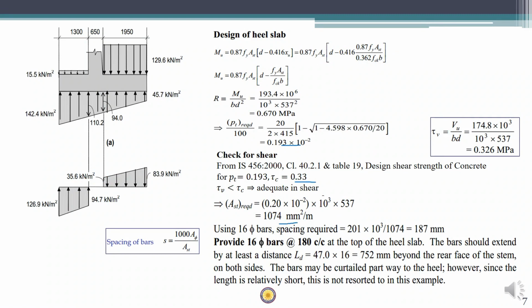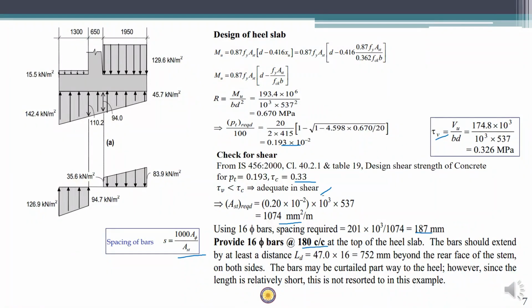So compare the tau c value with the tau v value. Here also it is seen that the reinforcement provided is adequate in shear. Once we have the AST, you can find the spacing of bars using 16 mm bars as assumed. The calculated spacing is 187 mm, so we provide 180 mm center to center.